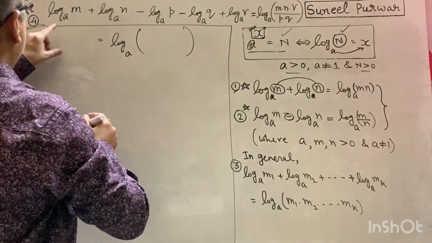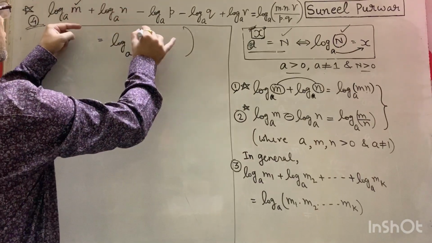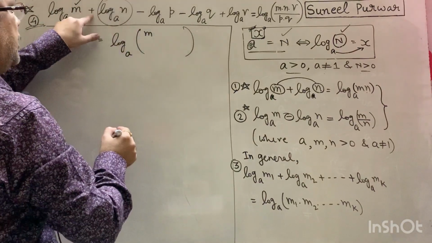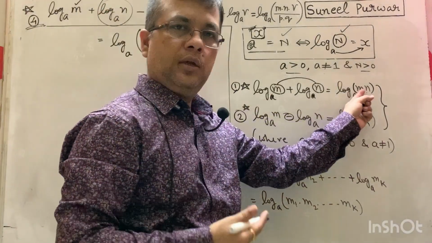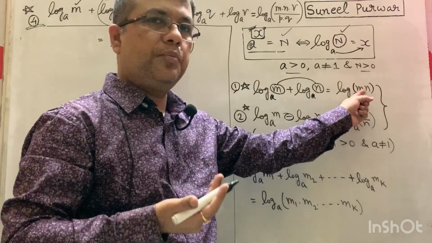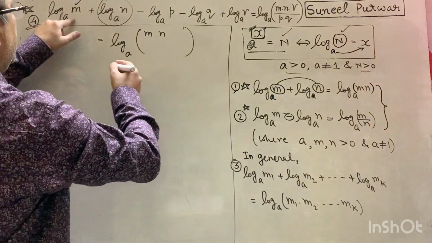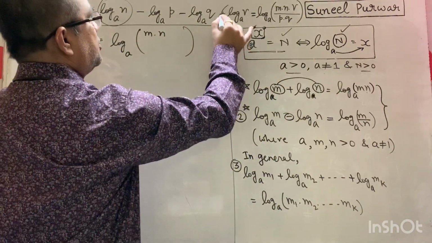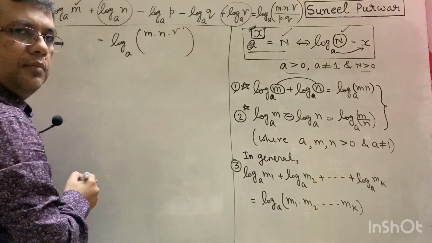So this logarithm is preceded by a plus sign, so its number m will go into the numerator. This logarithm is also preceded by a plus sign, its number will also go into the numerator. And you know, when they keep on going in the numerator, they are in a product, m into n, like this, m1 into m2 and so on. So this is m into n. Now this logarithm is also preceded by a plus sign, so its number gamma will also come into the numerator.